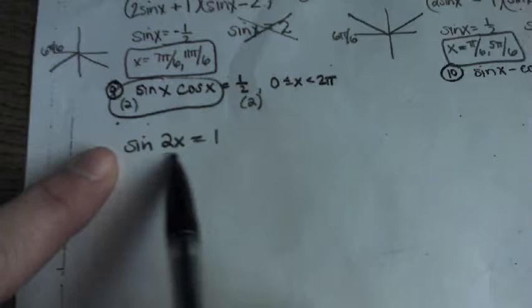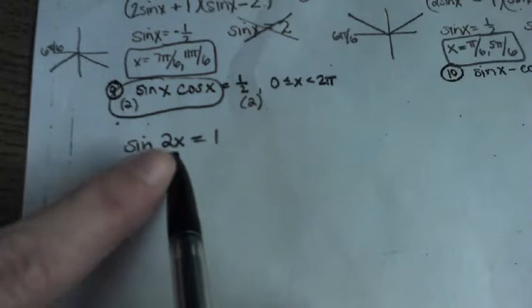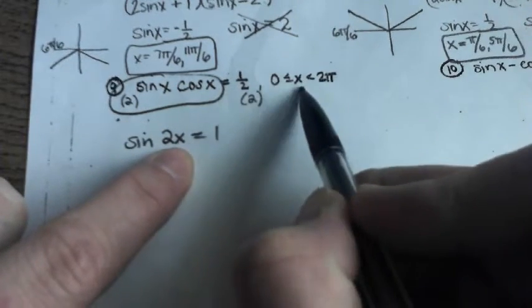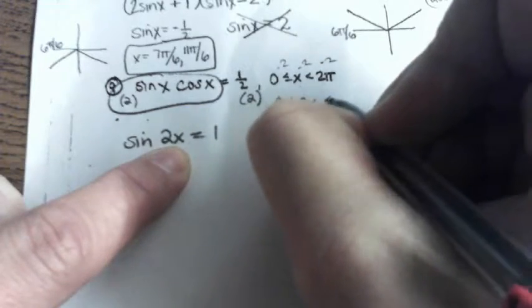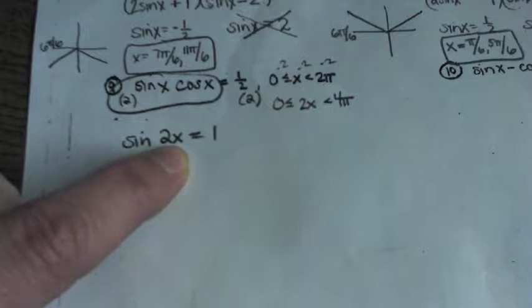So with this one, we do have to deal with the adjusted period, right? The stretch or compression. So rather than finding an x between 0 and 2 pi, we're going to come up with all the 2x values that are between 0 and 4 pi.